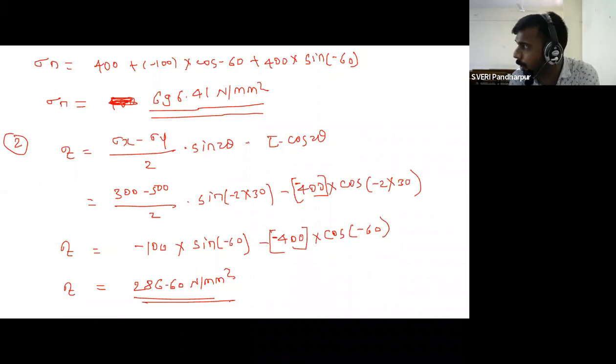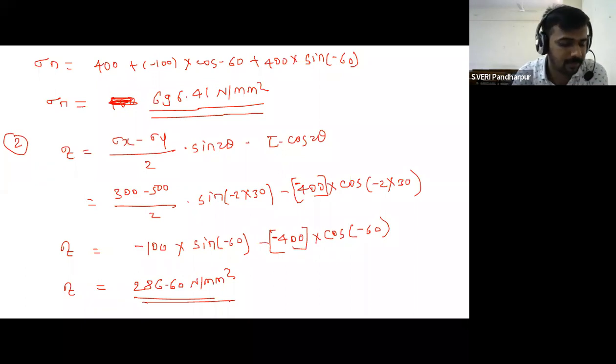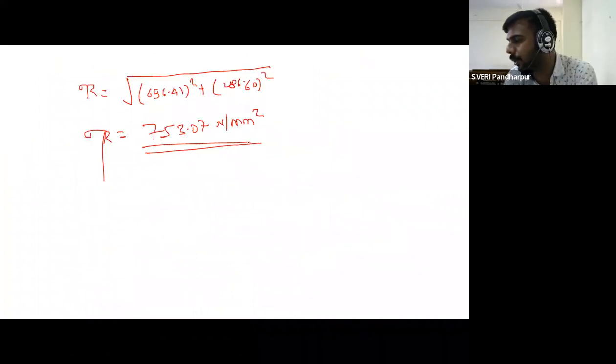A point in a stressed body. The set of stresses on two planes 45-degree apart shown in figure.